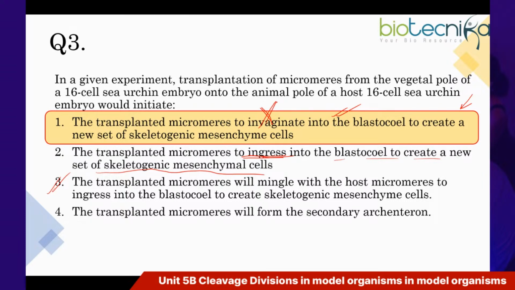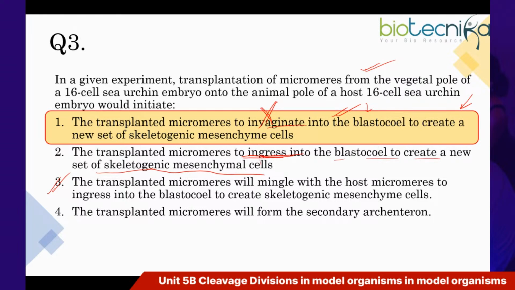Because in the Gilbert book also, for this particular sentence, that if you transplant the micromeres from the vegetal pole to the animal pole, then this will happen. That's what Gilbert says. But in the rest of the places in Gilbert, it is clearly written that primary mesenchymal cells ingress to form skeletogenic mesenchyme cells.